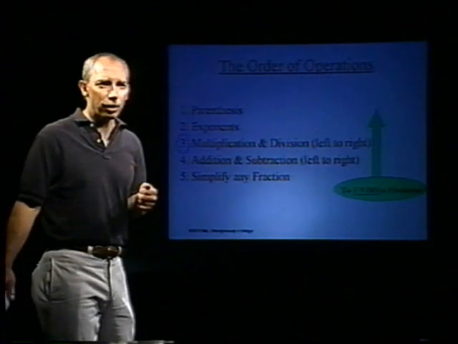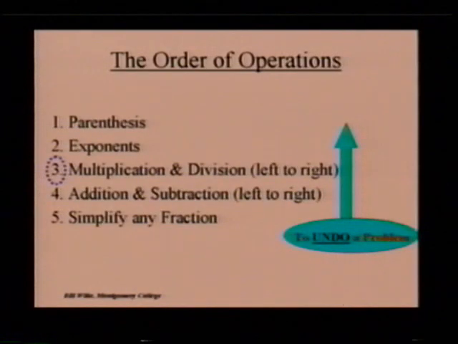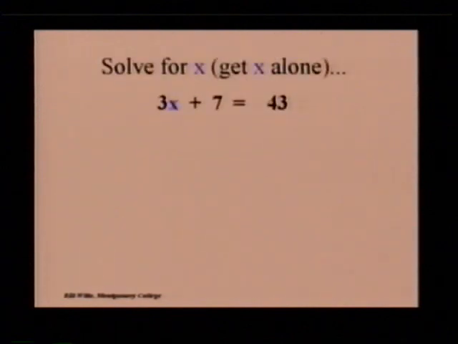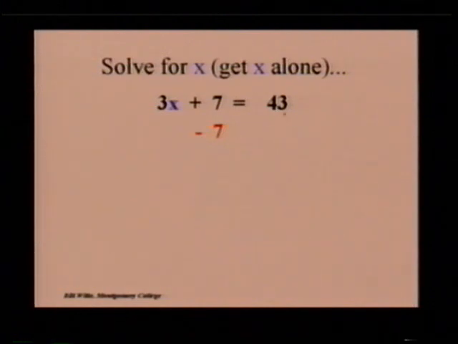Let's take a look back at that problem then, where we had multiplication and division and addition and subtraction. In this case, to undo it, we're going to undo the addition and subtraction first. So we're going to get rid of the 7 first. Wait a minute. Have to do it on both sides. Okay. That got rid of that one. Okay.